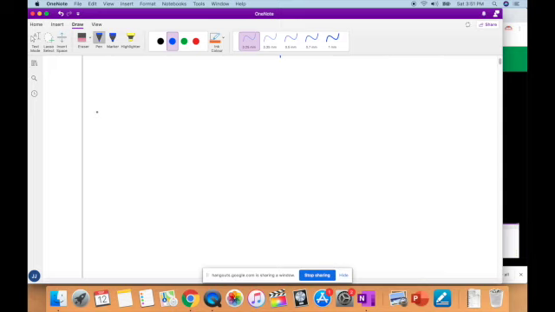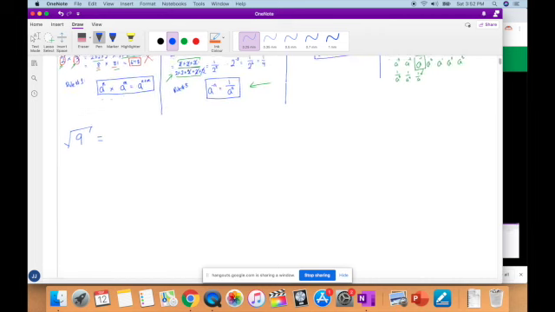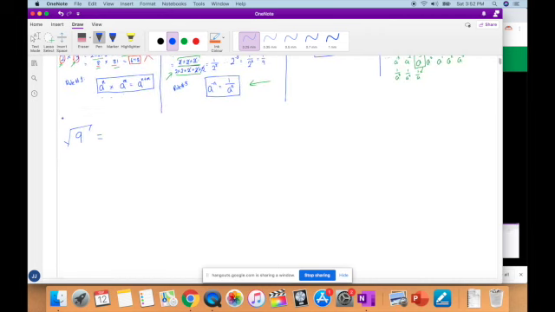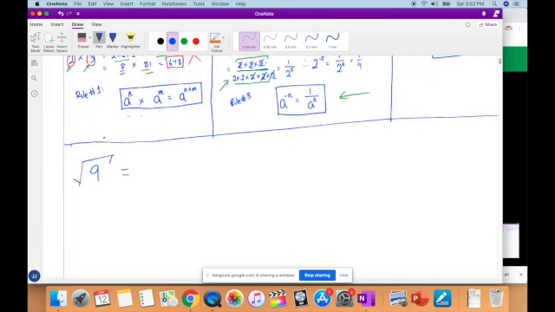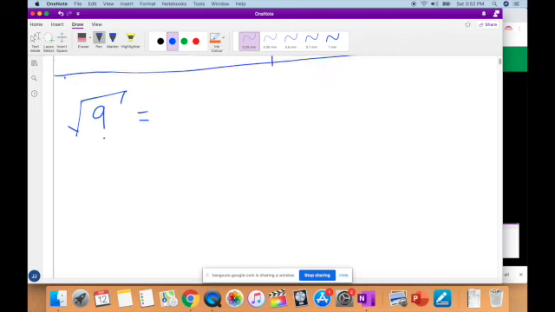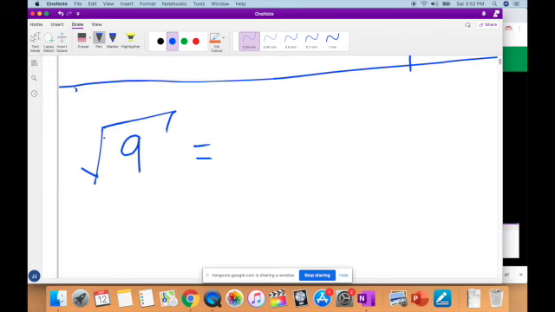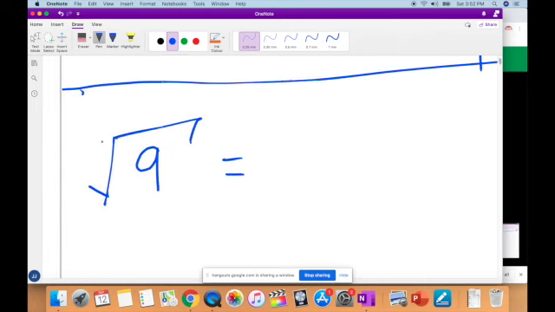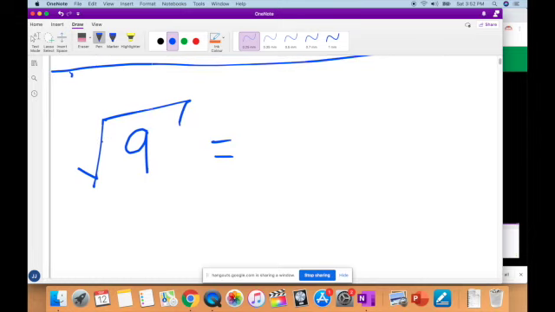If I have the square root of 9, what does this mean? Nobody can tell me what this means? If you had to explain it to a 5-year-old, right?